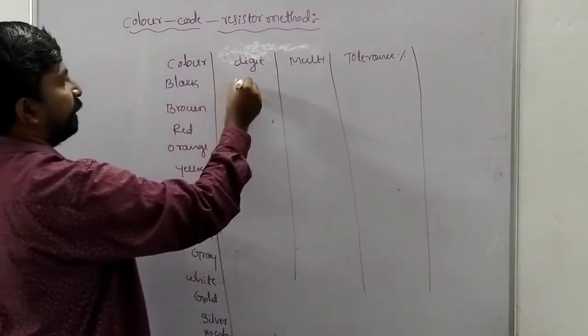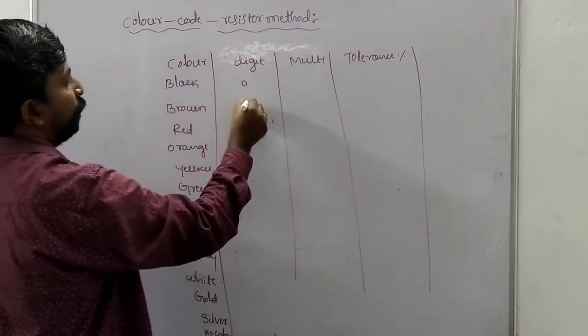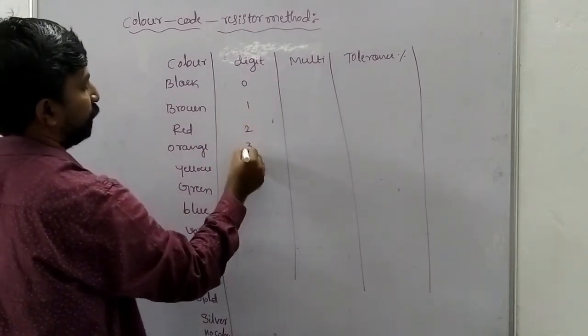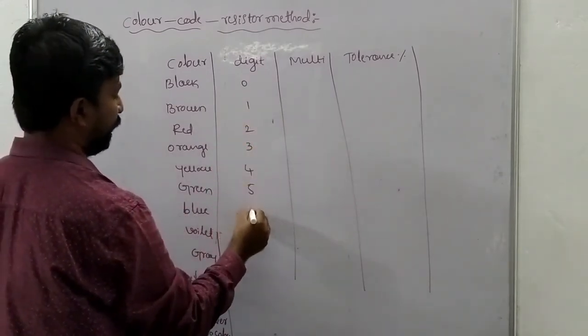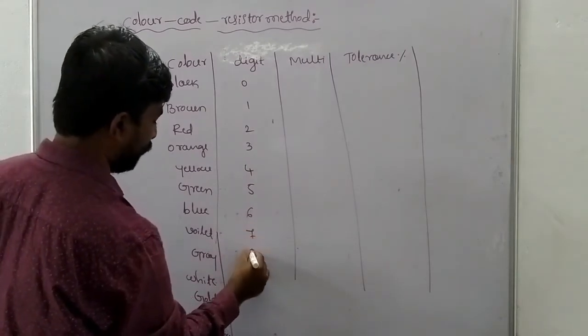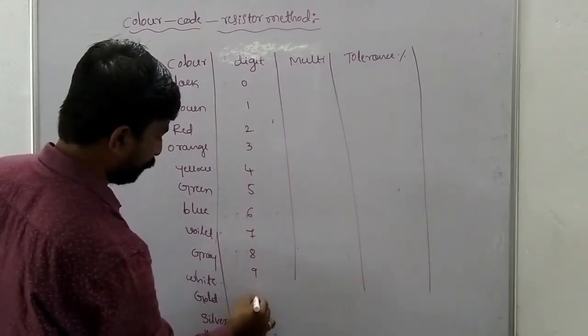So black digit 0, 1, 2, 3, 4, 5, 6, 7, 8, 9. So gold and silver.